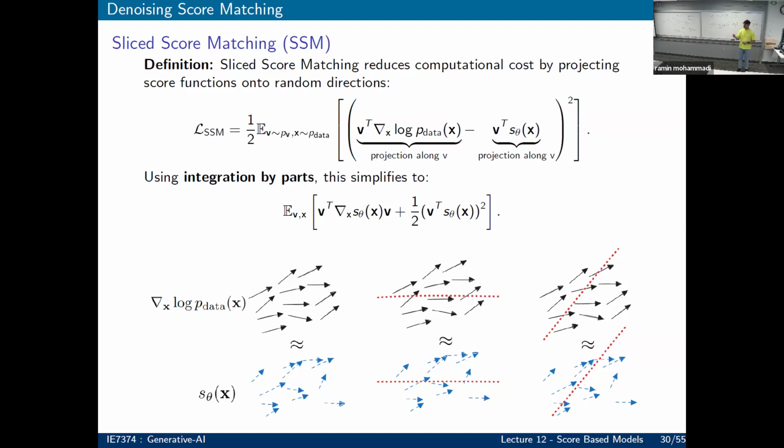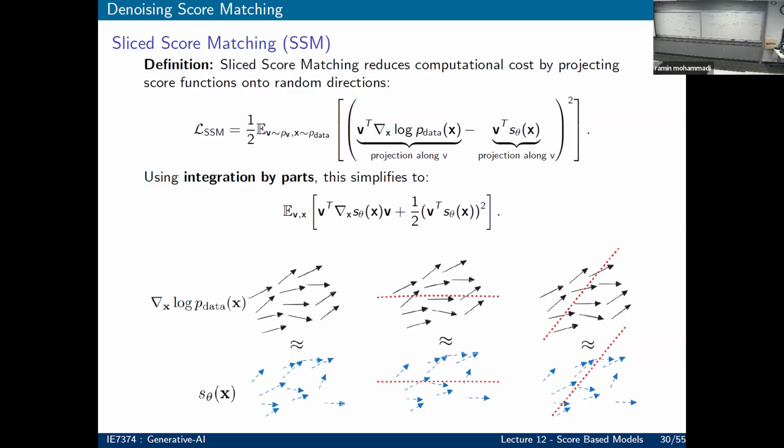So the idea comes from sliced score matching. Instead of trying to look across all dimensions at the same time for all the vector fields, maybe do 1 dimension at a time, like slicing it. What you will see here is, let's say we have this direction, this one on the left, and we want to compare these two.